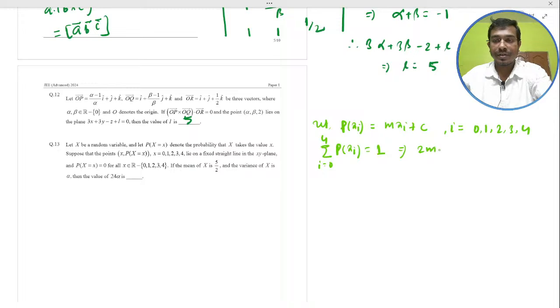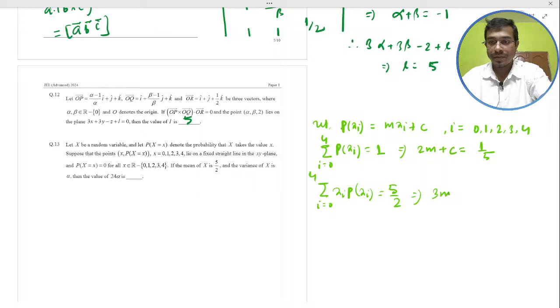That means 2m + c is 1/5. The summation of xi P(xi) is given as 5/2. That means 6m + c is 1/4. That means m equals 1/20 and c equals 1/10.